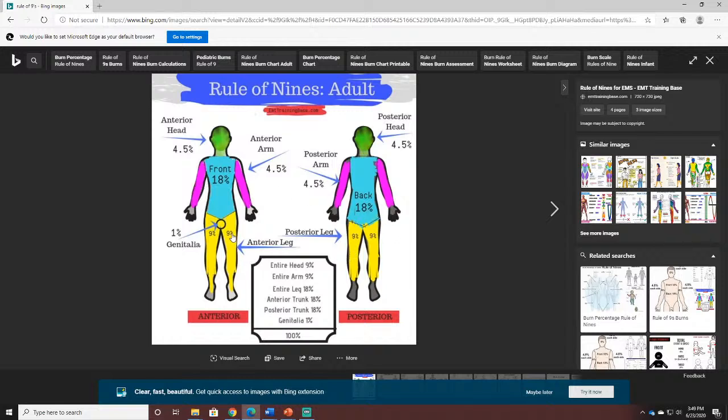Legs, 9% in the front, 9% in the back for each leg. And then the genitals are 1%. That brings us to 100%. All right, so if you suffered wounds to the front of your arm and the front of your chest, that would be a total of 27% of your body has suffered burns.